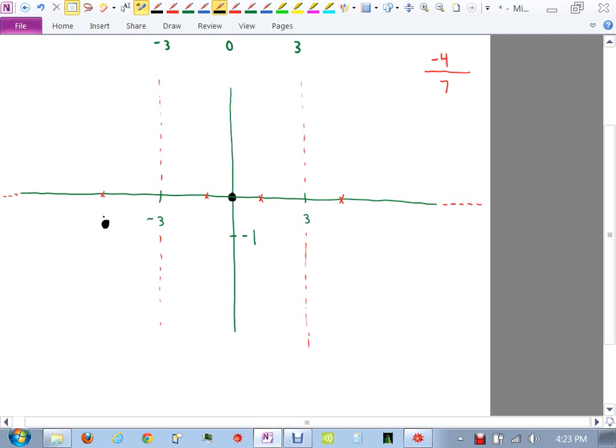Now plug in -1. What would you get if you plug in -1? -1 over -8, right? Which would be 1/8. So over here at -1, wouldn't I be up just a little bit like this?